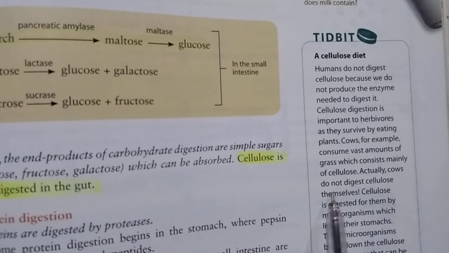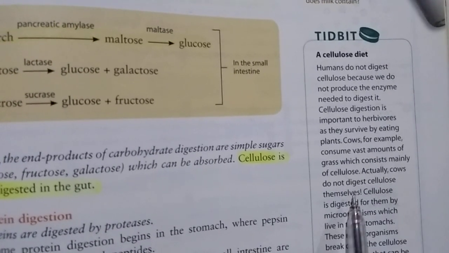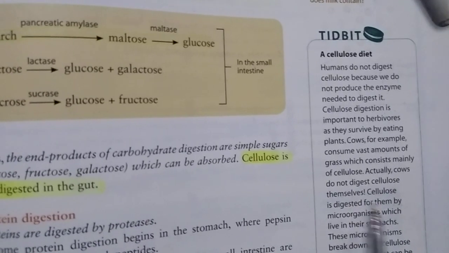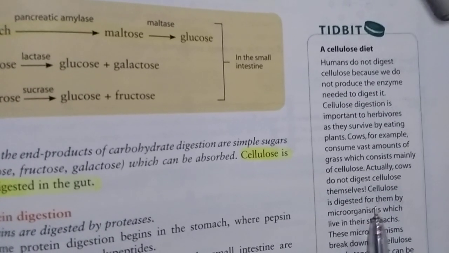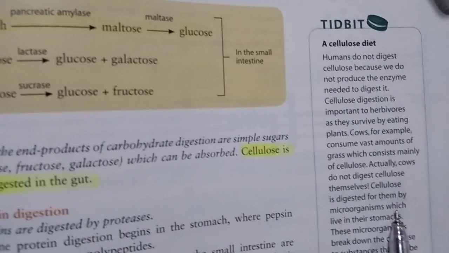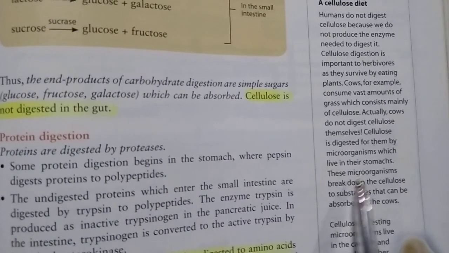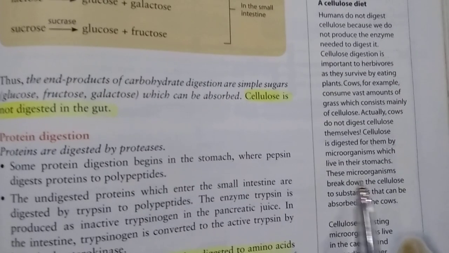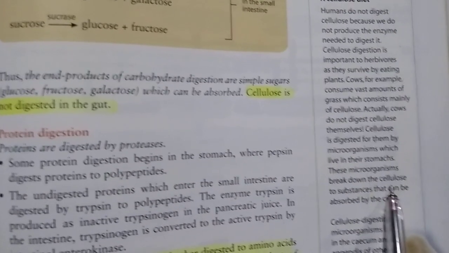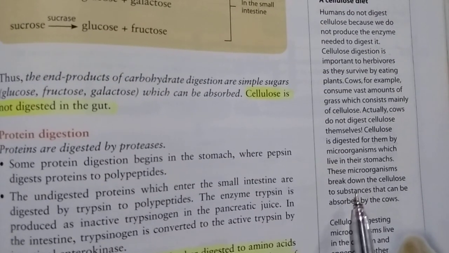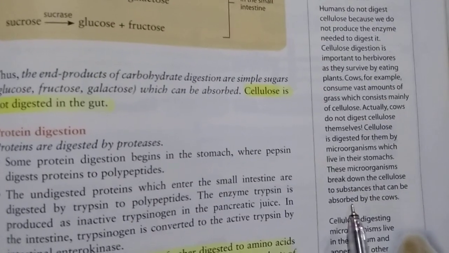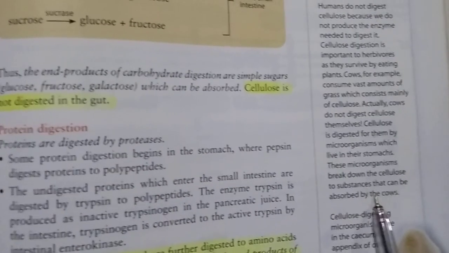Actually, cows do not digest cellulose themselves. Cellulose is digested for them by microorganisms which live in their stomachs. These microorganisms break down the cellulose into substances that can be absorbed by the cows.